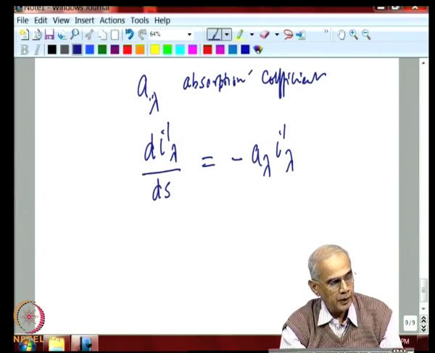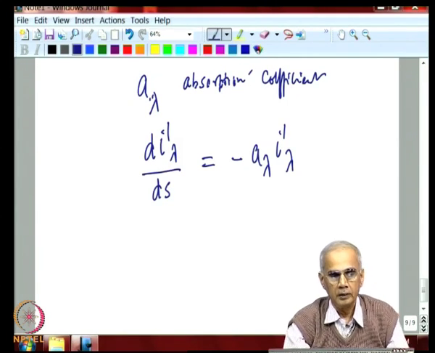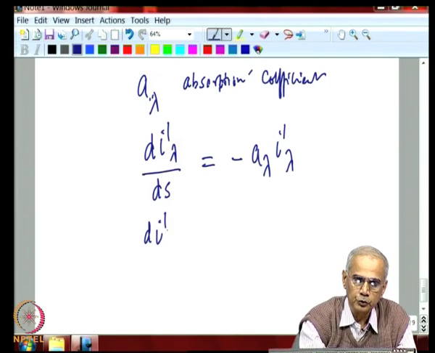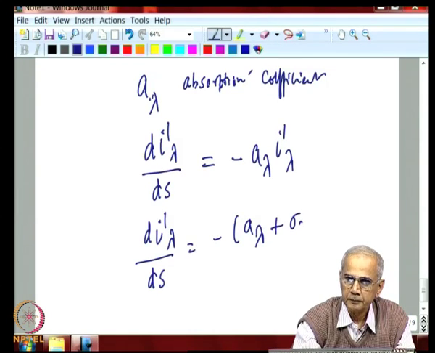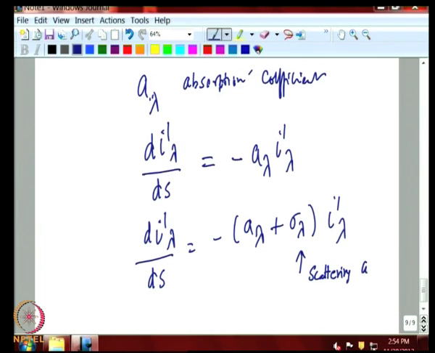Now, when absorption and scattering occur together, then the attenuation is both due to absorption and scattering. So, we need to add one more term in the attenuation term. This is the scattering coefficient now. This is the absorption coefficient, which we had discussed earlier, and the combined thing is called the extinction coefficient.